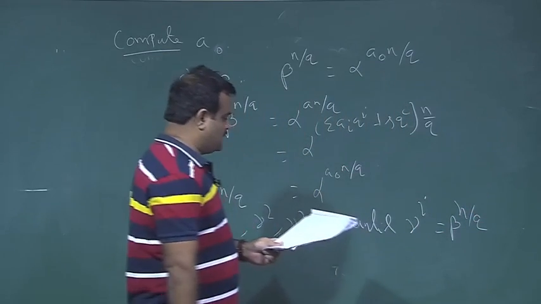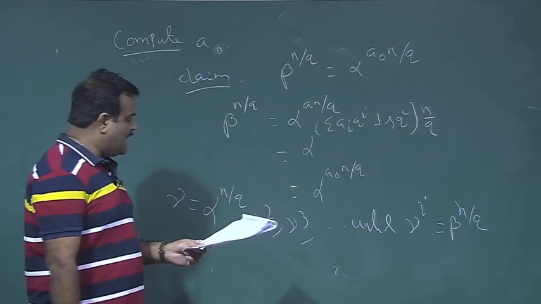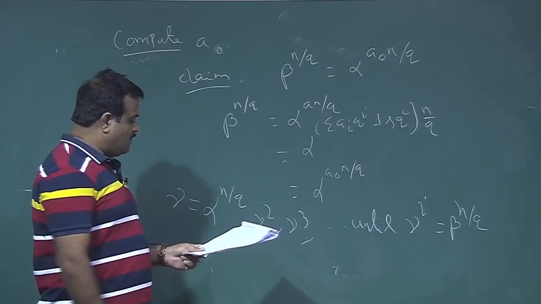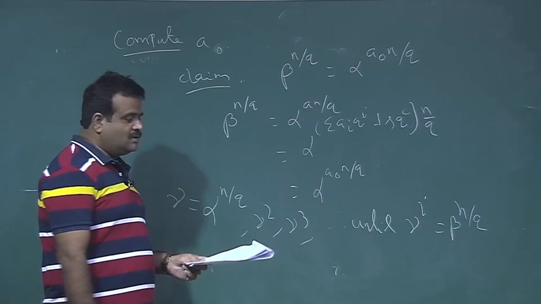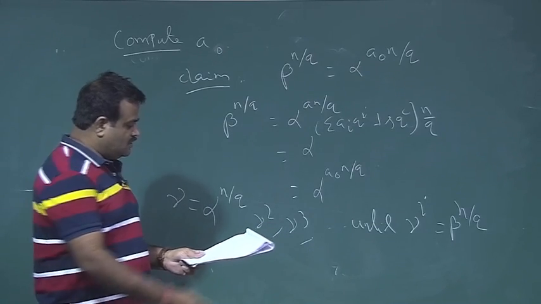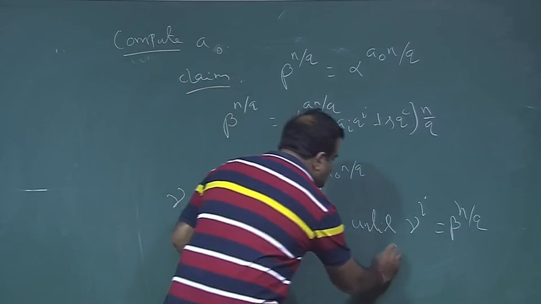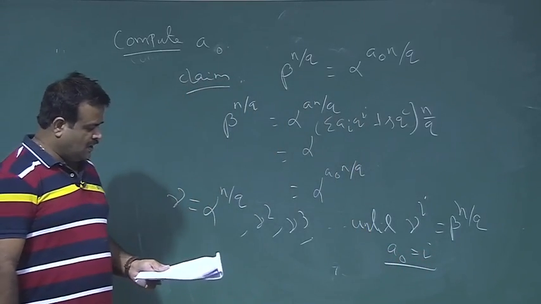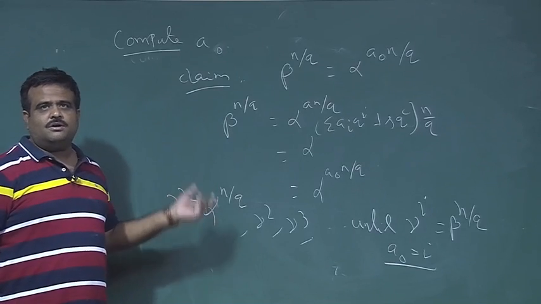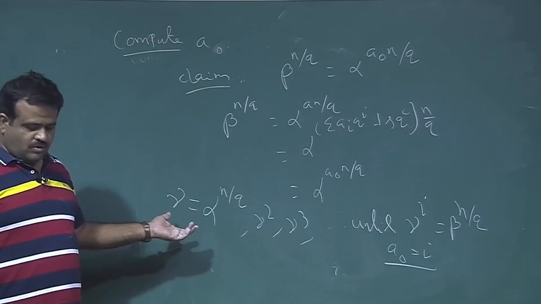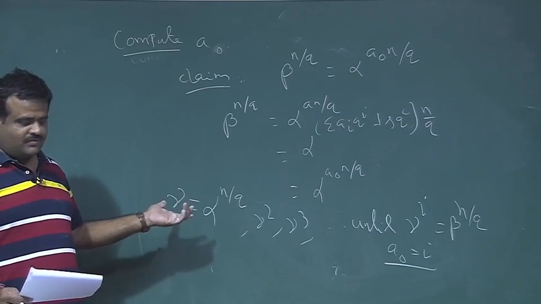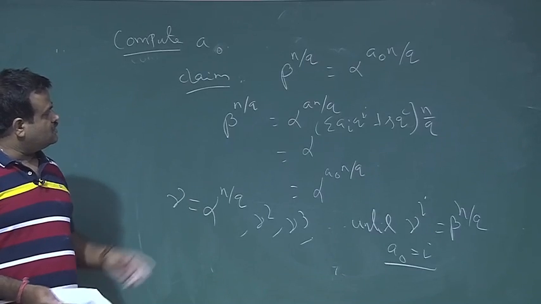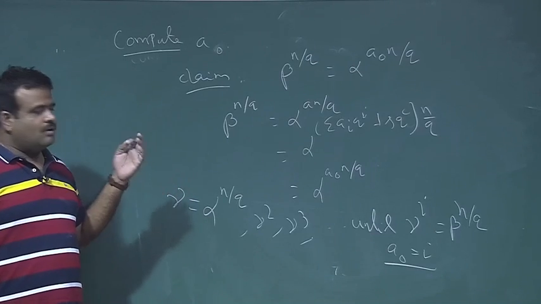This is an exhaustive search for some i, and that i is basically our a0. Once we have a0, we will try to get a1, a2, a3 like this. This is the way we get all the a's.